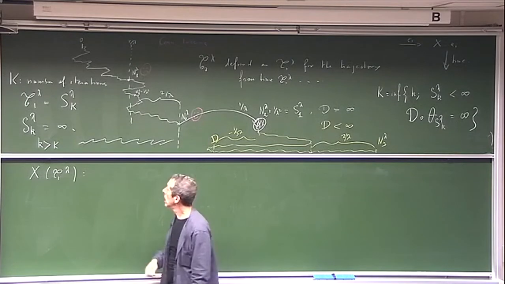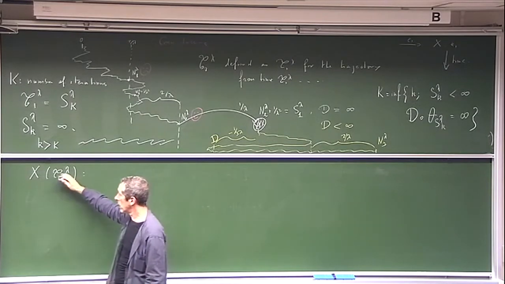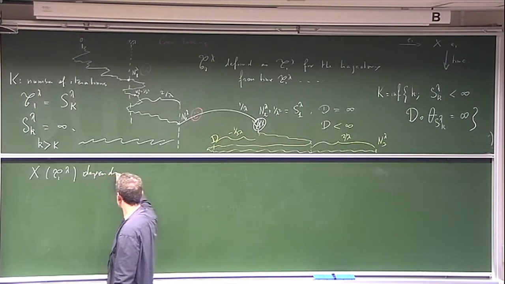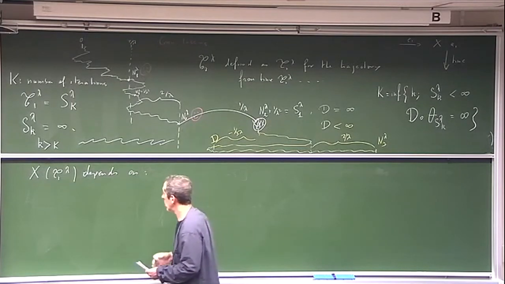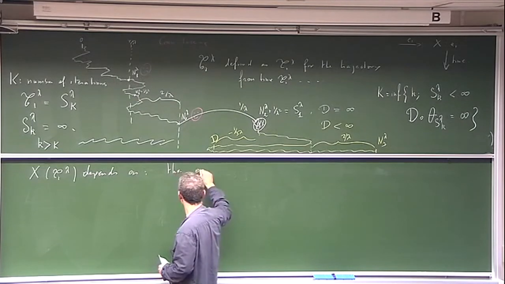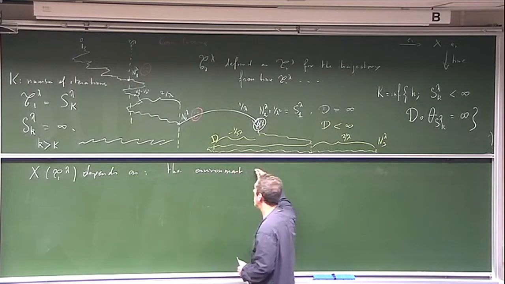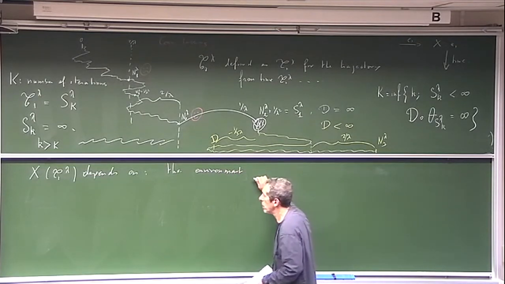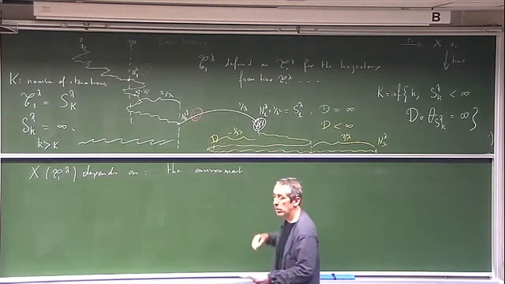Okay? Now, this is one thing x1 lambda depends on. So it depends on the environment and the behavior of the trajectory. This is the environment to the left of where the process is, and strictly to the left by 1 over lambda.